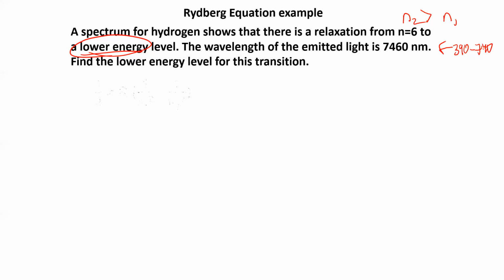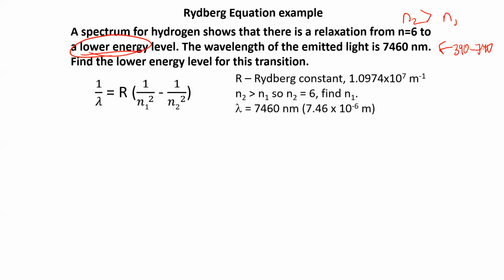So we're going to use Rydberg's equation. We're going to plug in the constant, and we know that N2 is the larger number because that's the higher state, and we want to find what is the lower state. It's 7,460 nanometers. We convert that to meters using 1 meter is 10 to the 9 nanometers.